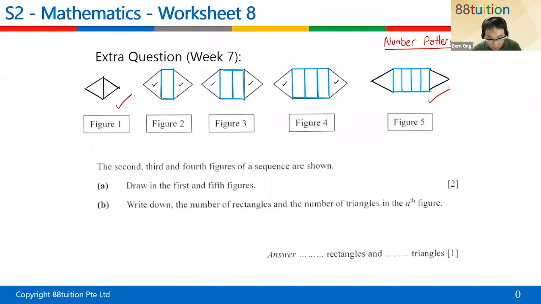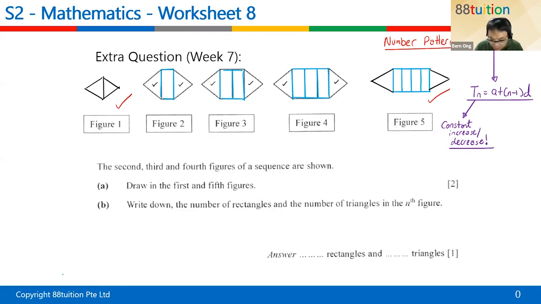Is that okay? Okay, so now, just to remind you, in Sec 1, we learned this very important formula. We call this term n is equal to a plus (n minus 1)d. I don't know if you heard this before or not. This is only for constant increase or decrease.